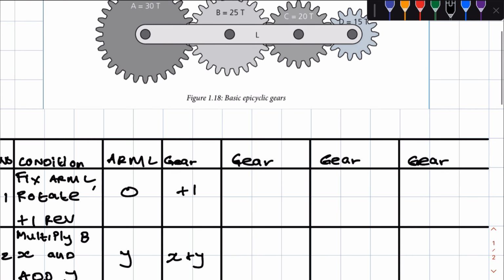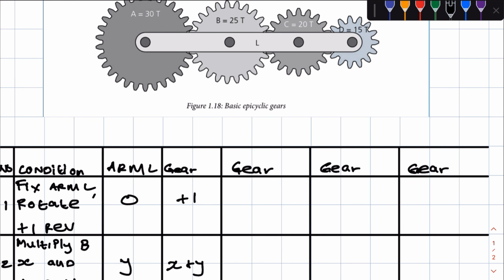Remember, in epicyclic gear systems, the first and second conditions do not change. The first condition being what? You fix the arm, in this case arm L, and rotate the annulus by 1 revolution in the clockwise direction.